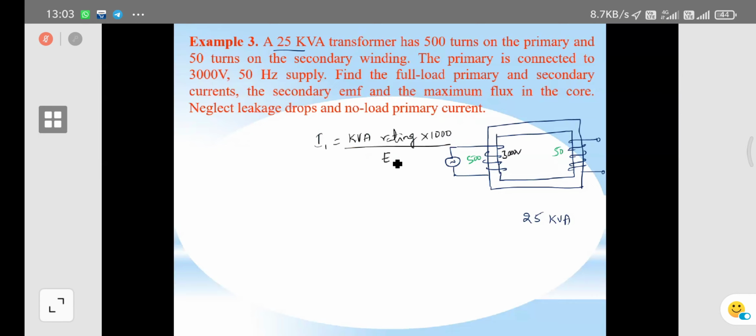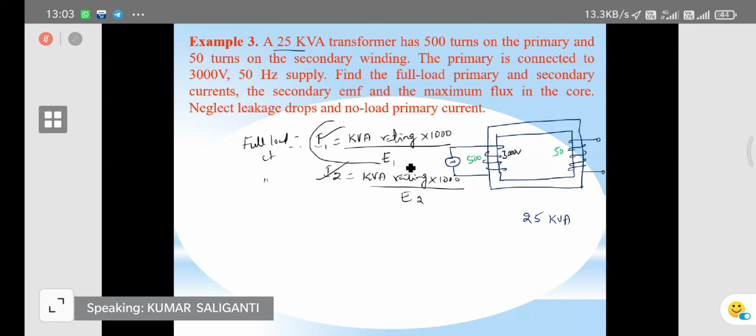Similarly, I2 is the KVA rating into 1000 by E2. So this is the full load current for the primary side and this is the full load current for the secondary side. This is a relation you have to remember.